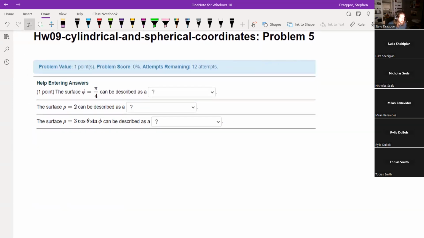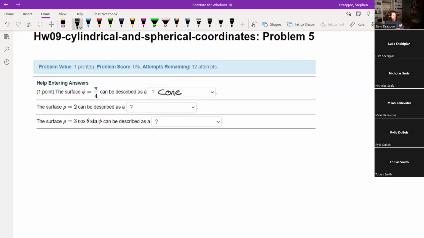Let's also investigate spherical coordinates, because we should do that too. Same set of choices, but now we're moving into the spherical coordinate system instead of the cylindrical one. This time we've got a surface: phi is equal to pi over 4. And this guy's a cone.